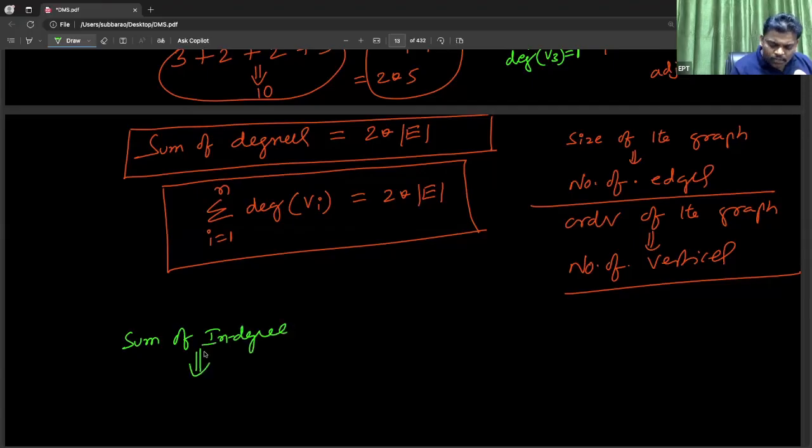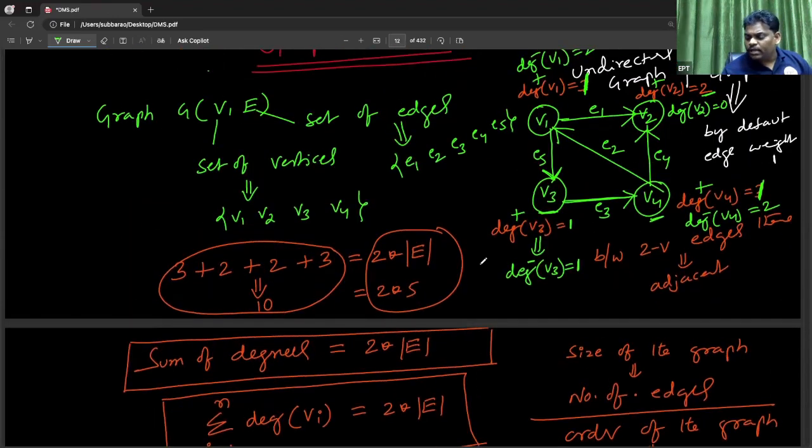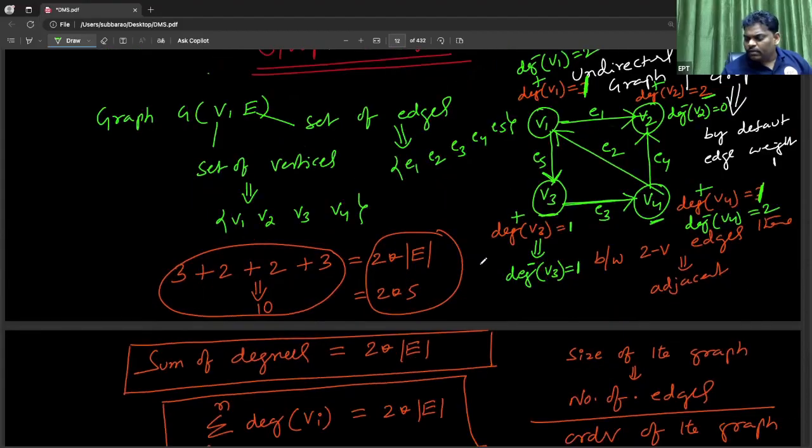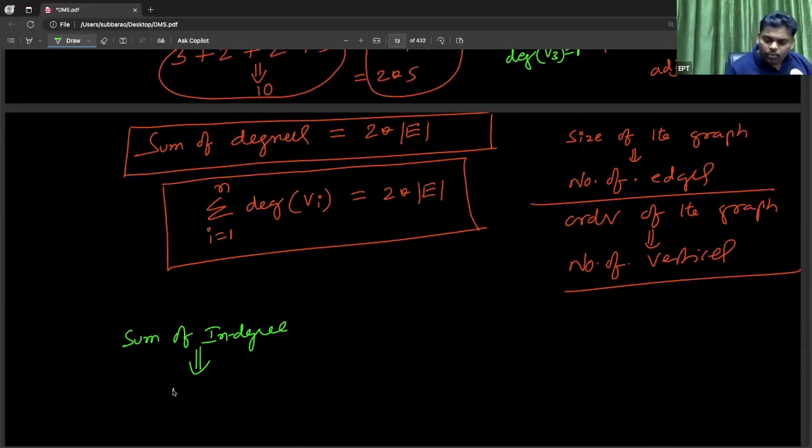V1 in-degree is 1, V2 in-degree is 2, V3 is 1, V4 is 1. So three vertices have 1 and one has 2. Total is 5. Am I right or not? This is equal to the number of edges, which is equal to the sum of out-degrees.